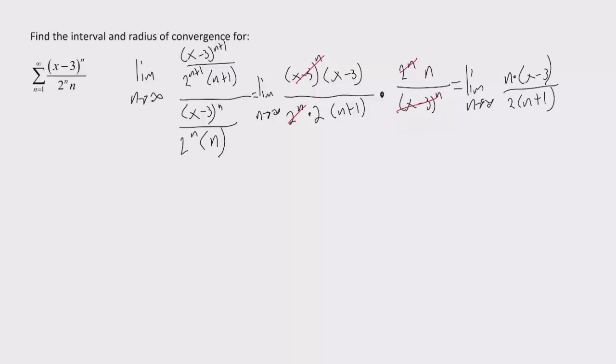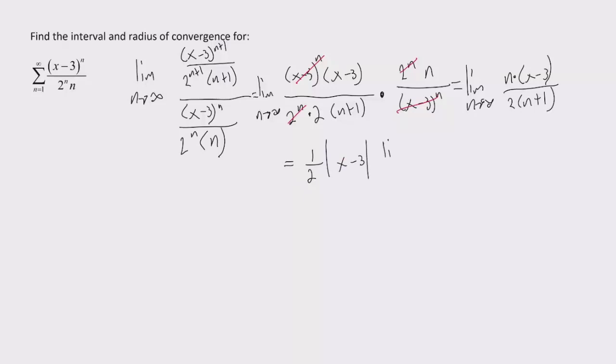I can bring the x minus 3 out as the absolute value, which matches the property we looked at for the ratio test. So I'm going to bring out the 1/2. And then we have the absolute value of x minus 3.